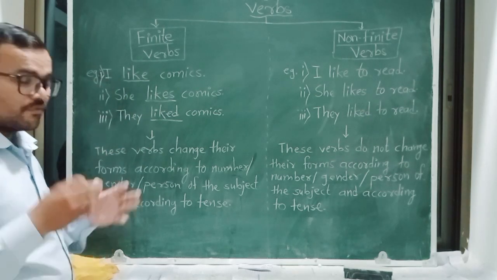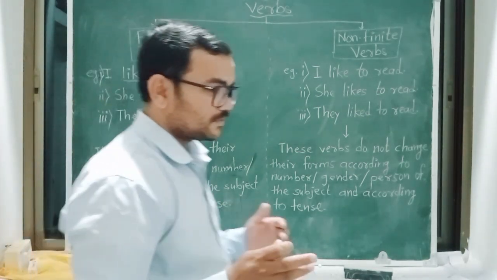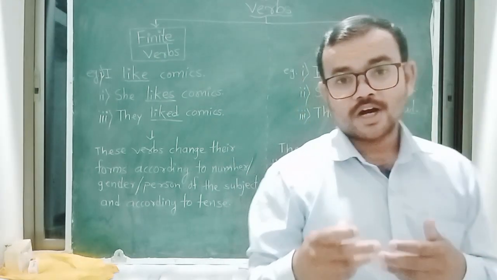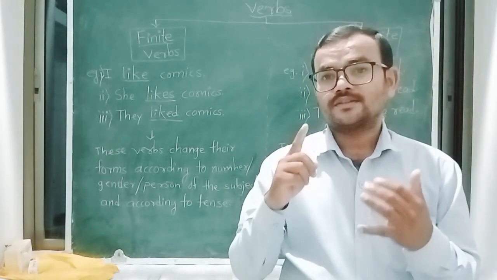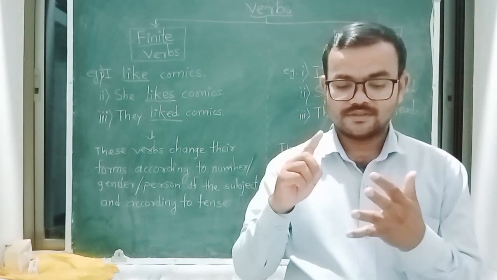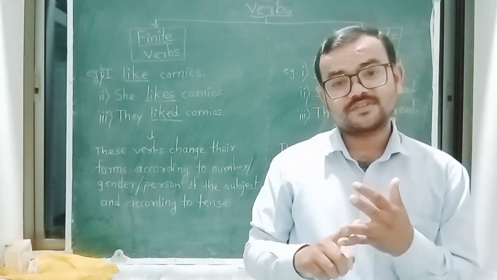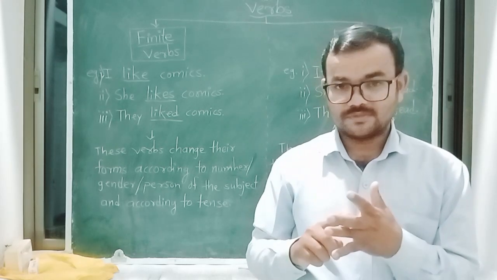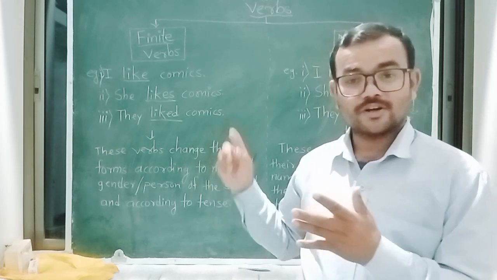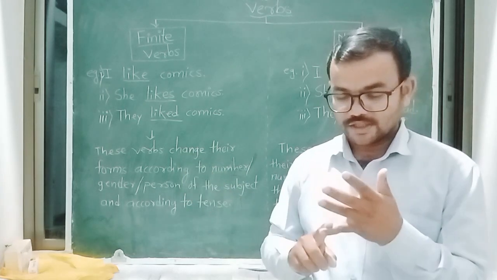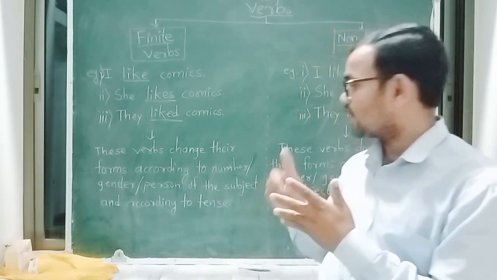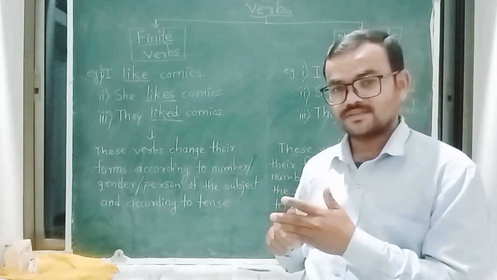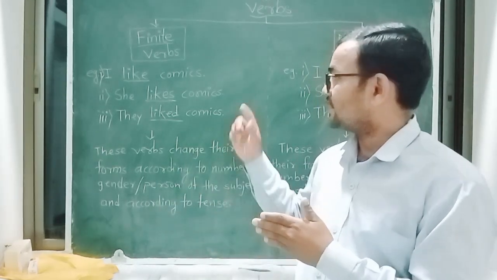Finite verbs are those verbs which change their form according to the gender, person, or number of the subject, and according to tense also. According to tense, number, gender, and person, if verbs get changed, such verbs are known as finite verbs, right?